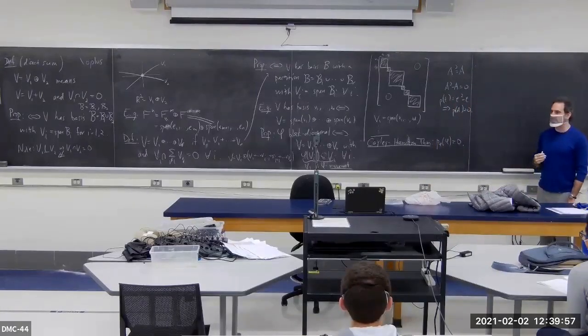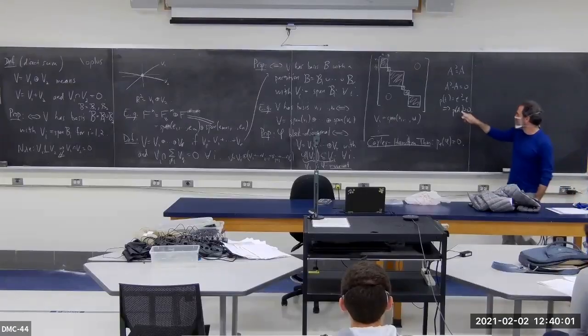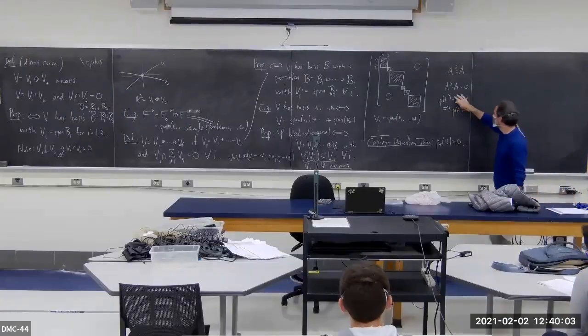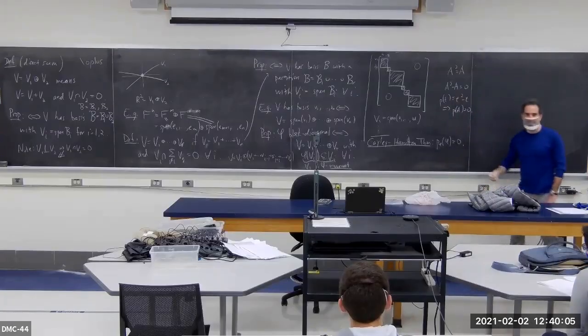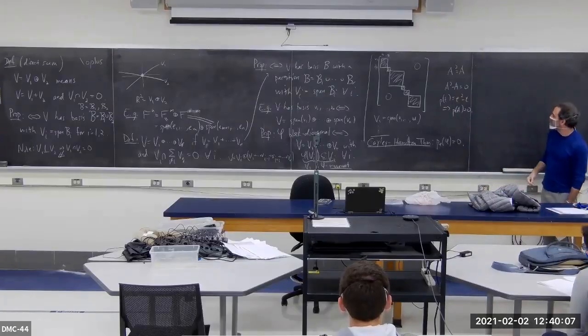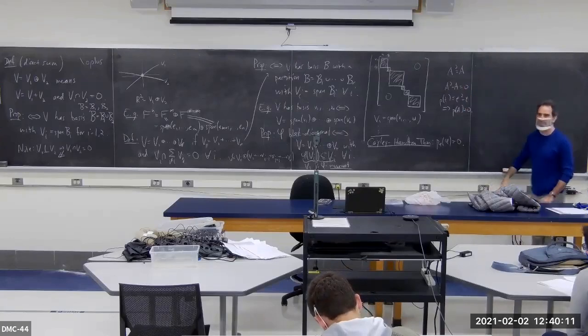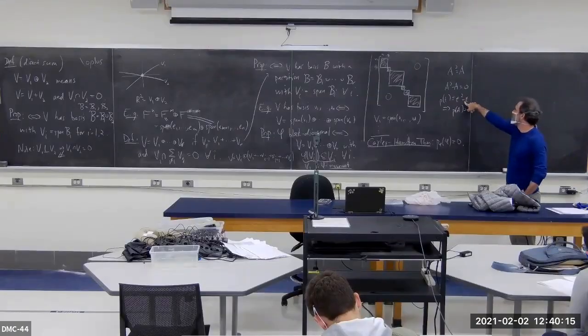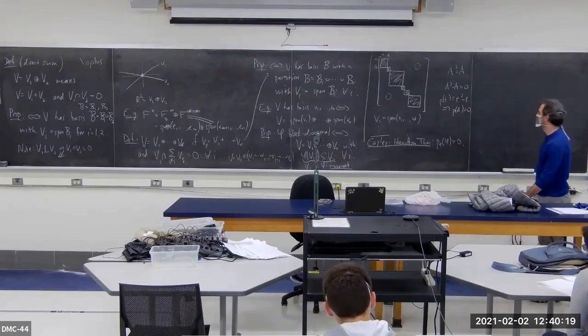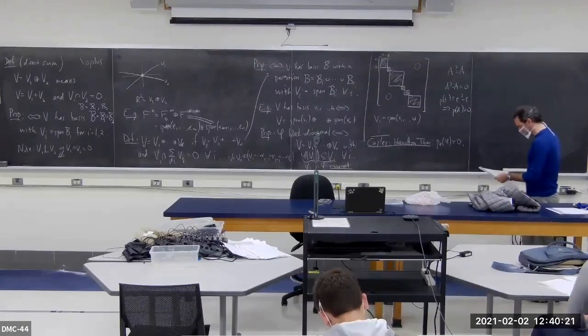This is what it means for a matrix to be idempotent. It means that it's a root of this polynomial t squared minus t. This is going to show that t squared minus t divides the characteristic polynomial of A, actually. This is going to be the minimal polynomial of A. We'll get to that in a few minutes.